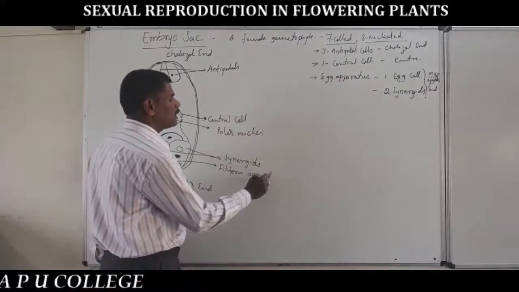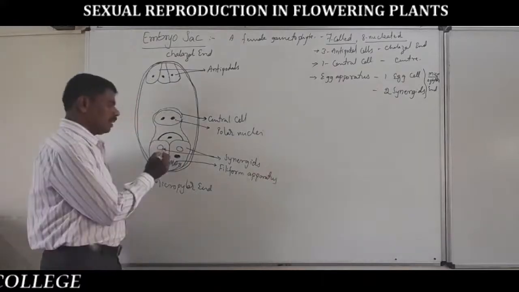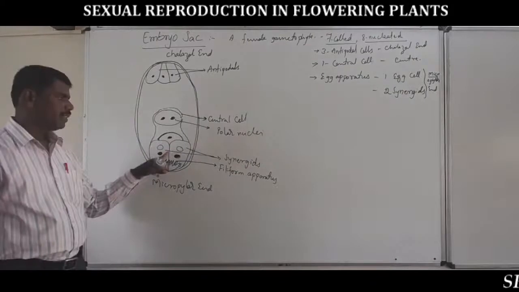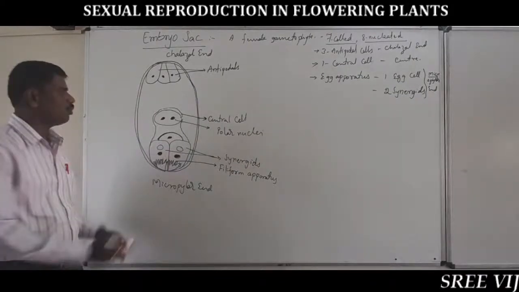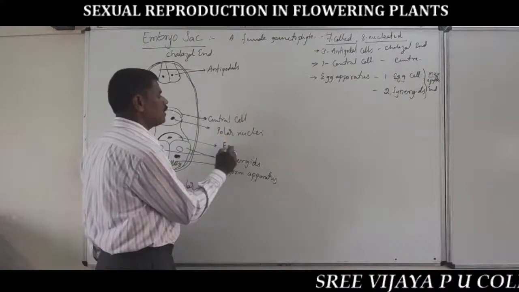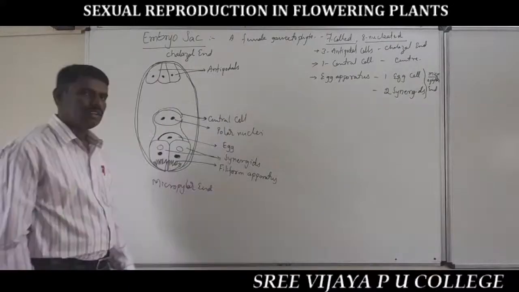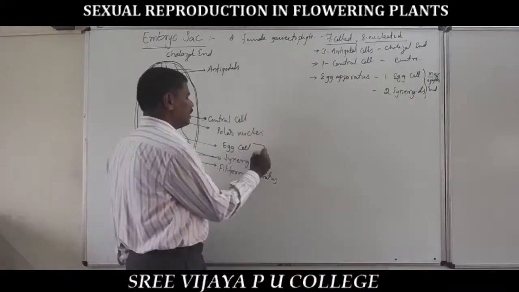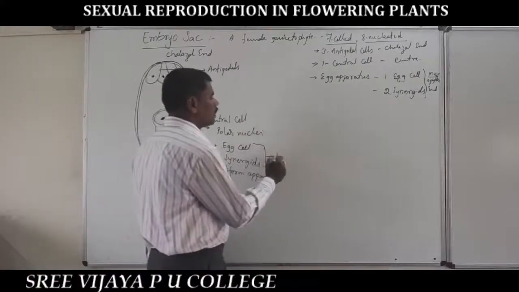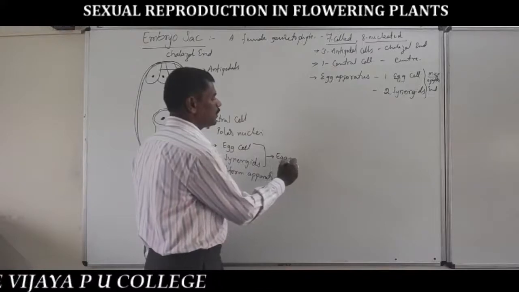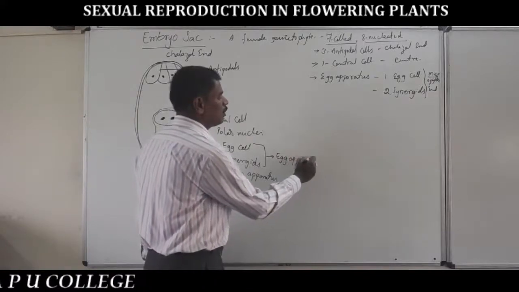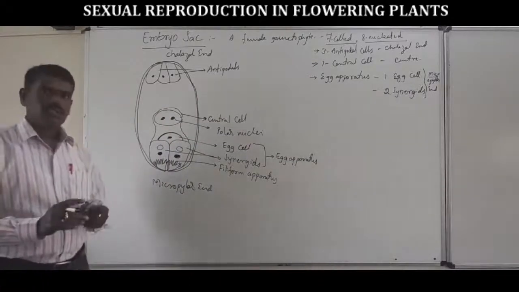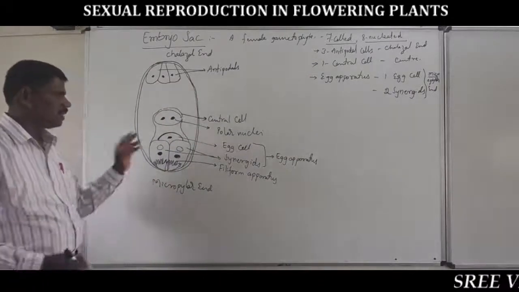Attached to the synergids is an important cell, the egg cell, or egg. The egg cell and synergids together are called the egg apparatus.